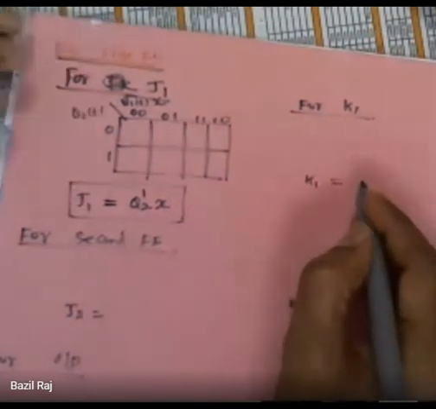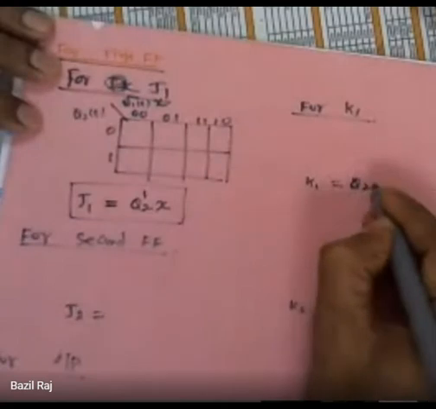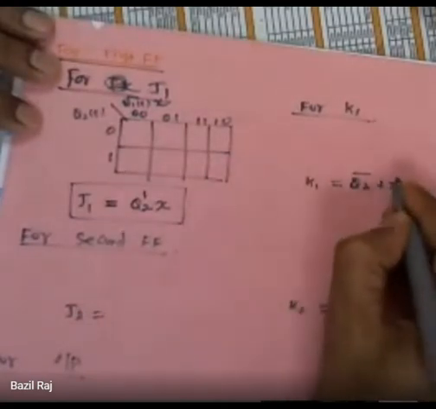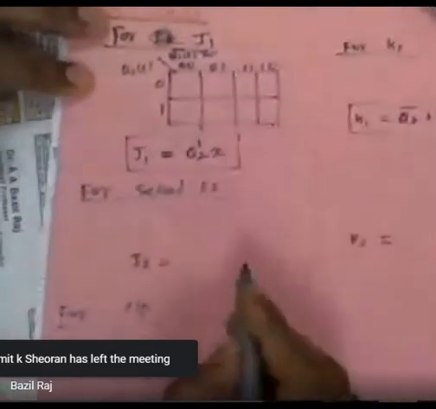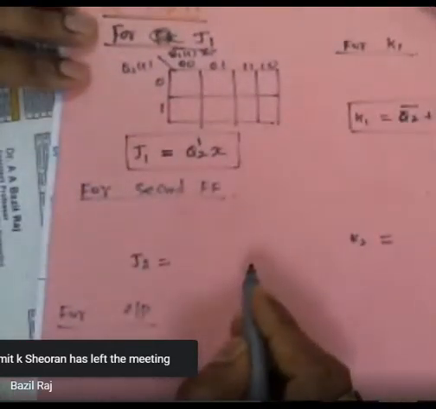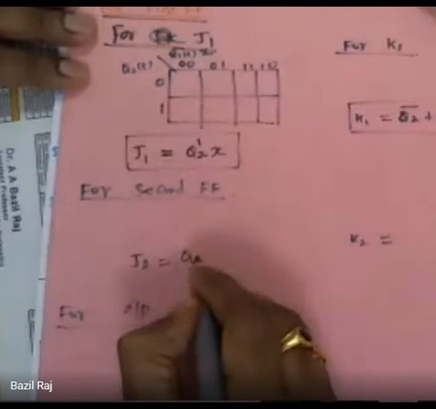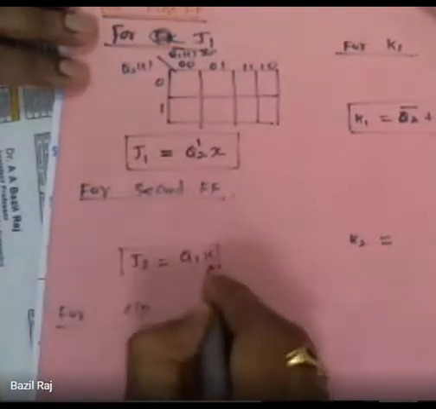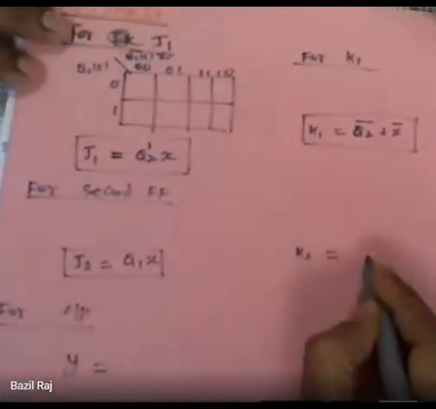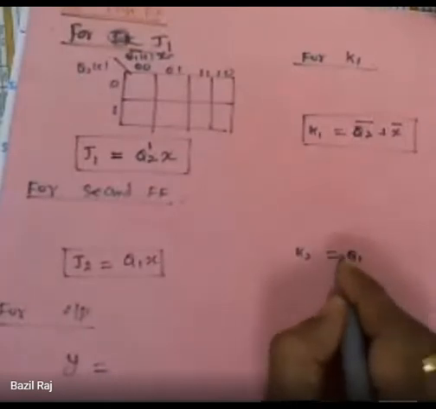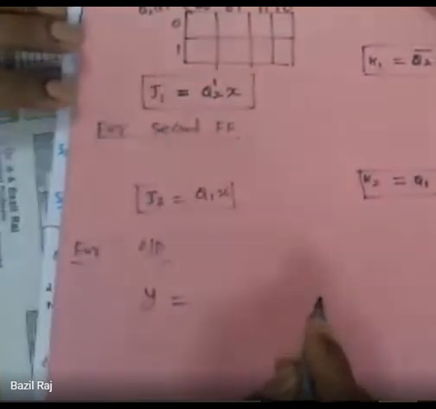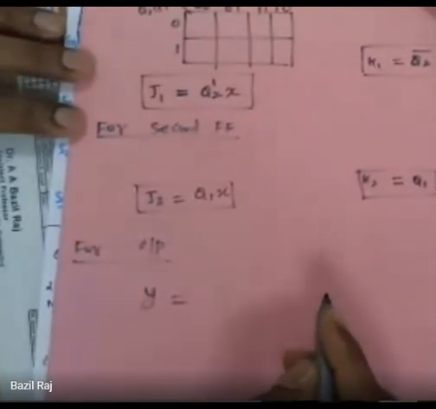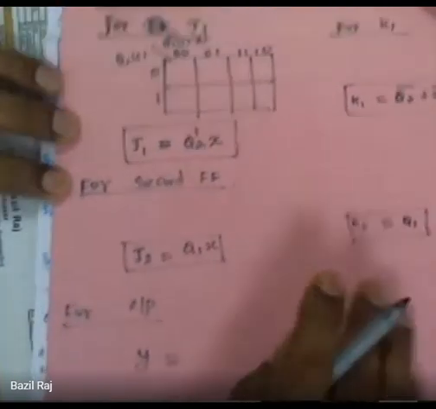Q2 complement plus X complement, Q2 bar plus X bar. And then J2 is Q1 X. K2 is Q1. Very good. Y, work out and tell me Y.